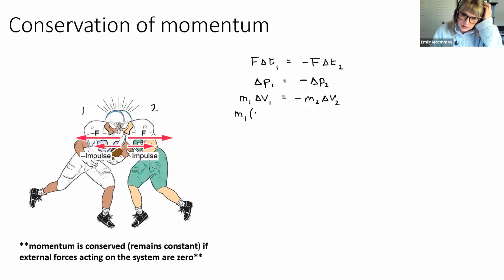So I'm going to have the final velocity for player 1 minus the initial velocity for player 1. It gets a little messy with the subscripts because we have to think about the two players and their initial and final momentum. So be verbose when you do this, write it out as explicitly as you can.